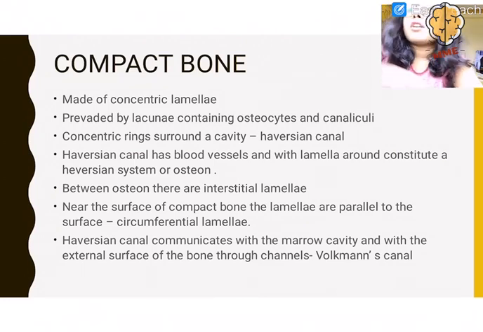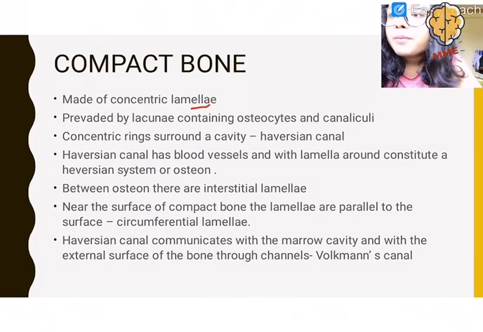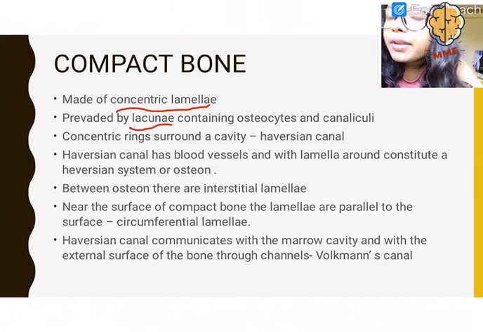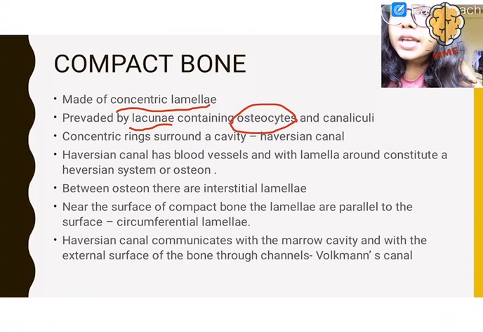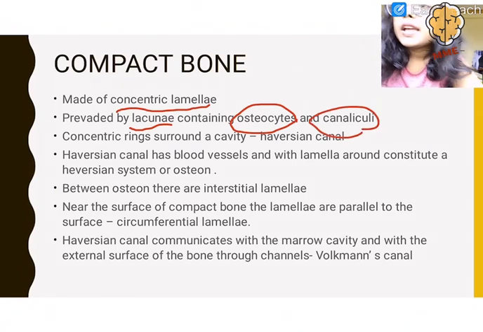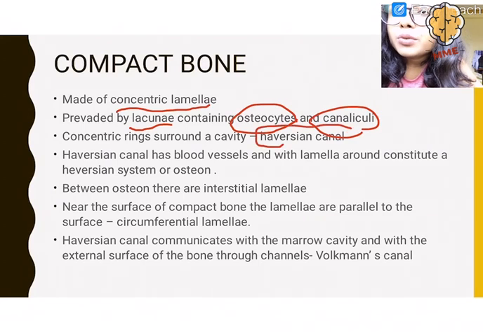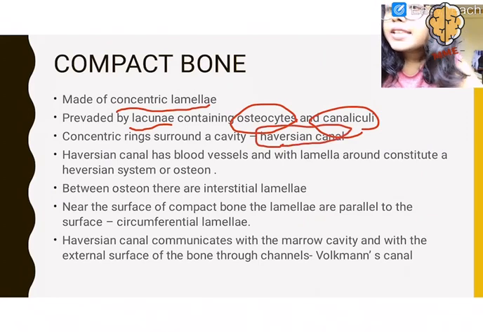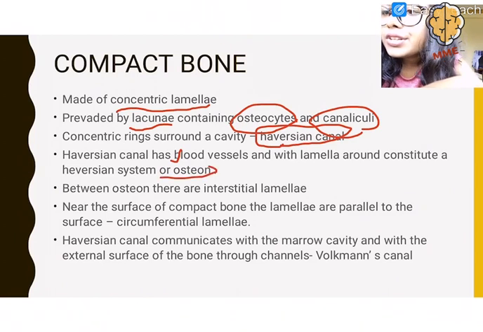Okay, so the compact bone is made up of concentric lamellae, and these lamellae contain lacunae in which you will find osteocytes and canaliculi, and these concentric rings surround a cavity known as the Haversian canal, and these Haversian canals give way to the blood vessels, and with the lamellae around constitute the Haversian system or an osteon.